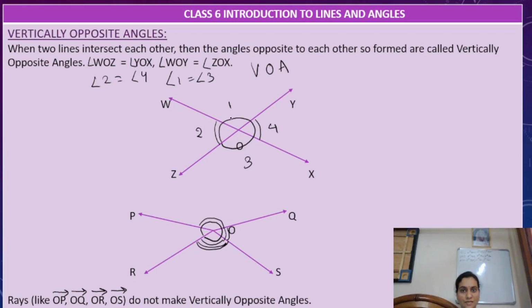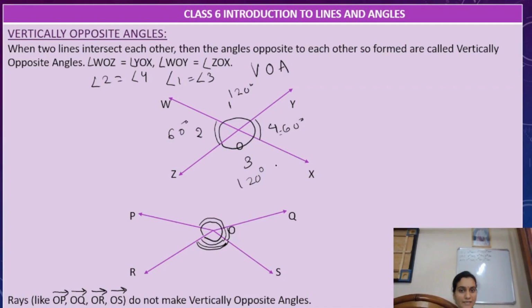That means if this angle is 120 degrees, angle 3 will also be 120 degrees, and if angle 4 is 60 degrees, then angle 2 will also be 60 degrees. Very important. By using vertically opposite angles, we will be able to solve questions where one angle is given and we have to find many others. So please remember this concept, formed by two lines.